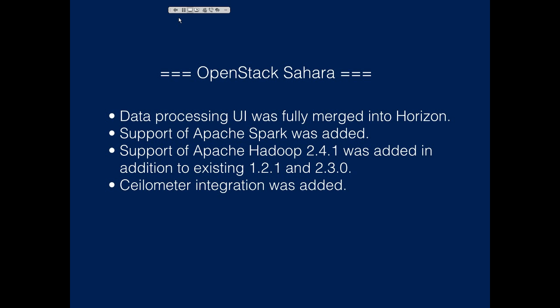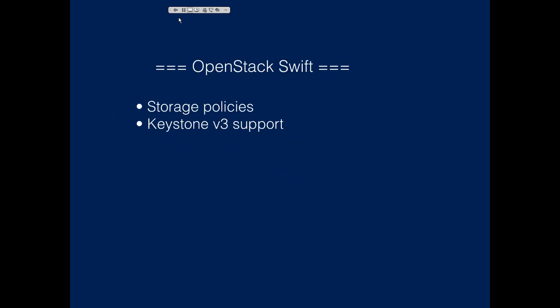OpenStack Swift: storage policies and Keystone V3 support. Until now, all of the data within a Swift cluster was evenly distributed across a set of disks, nodes, and data centers. But most likely not all the data has the same storage requirement. For example, you might want to store some data on very fast SSDs, some data in a different data center or country, and other data using a different storage backend.